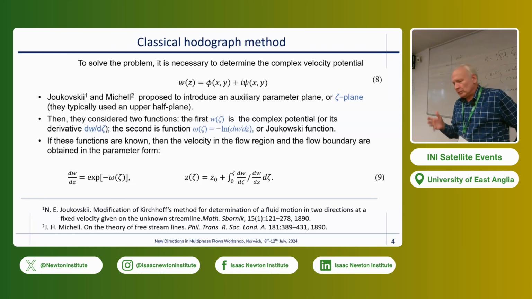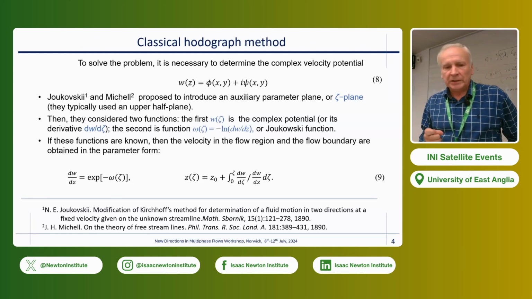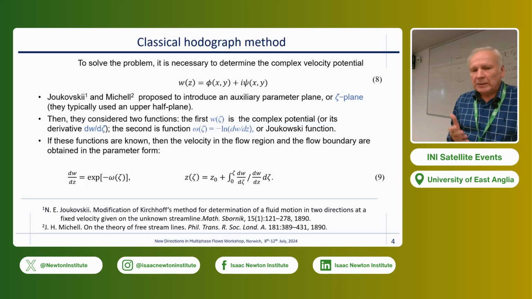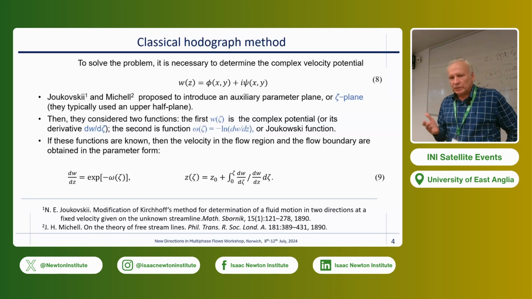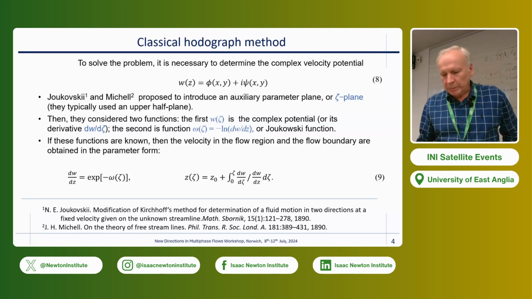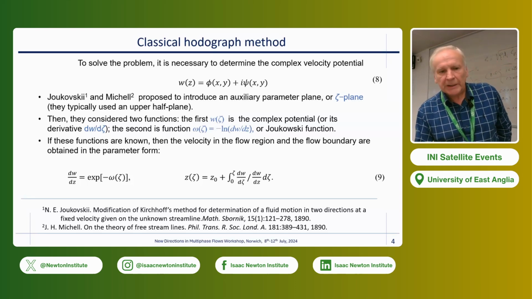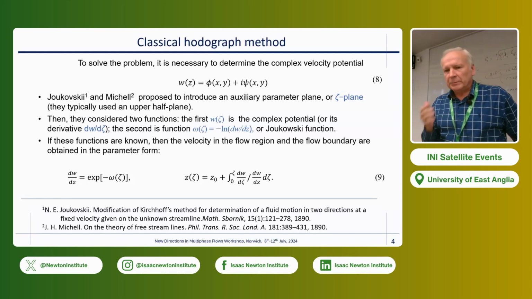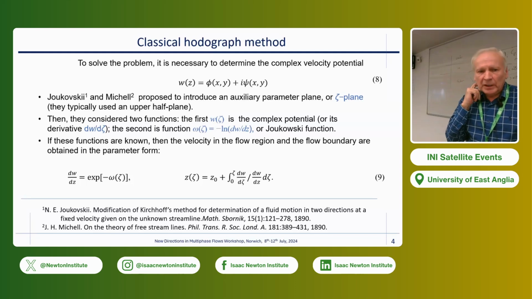So I recall the classic hodograph method. We need to find function W of Z, but it is difficult because we don't know the conformal mapping of the potential plane onto the physical plane. Instead, to resolve this difficulty, Zhukovsky and Mitchell proposed to introduce an auxiliary parameter plane, or zeta plane.